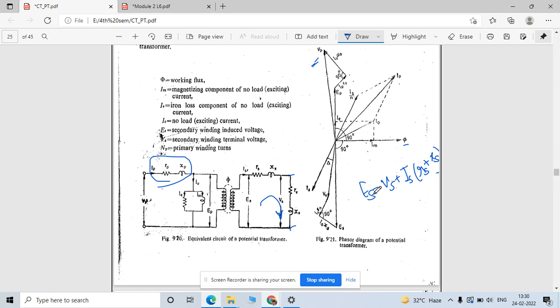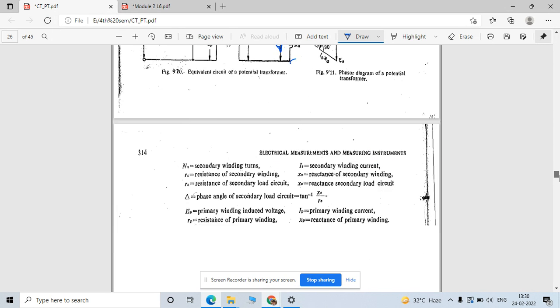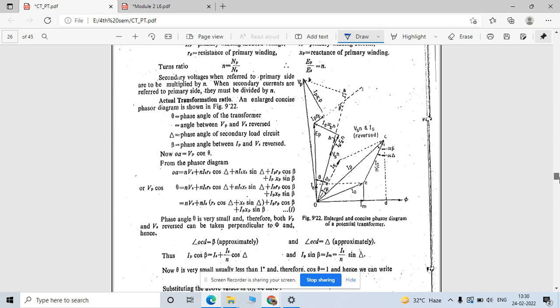IP is nothing but your no load current component plus, here you can refer, when you avoid this coupling, then you need to set the secondary side current here. Secondary current referred to primary side. So this is a sum of these two things, which is already given in this.